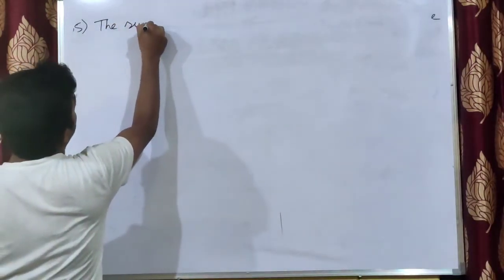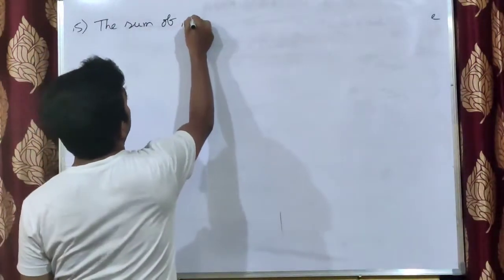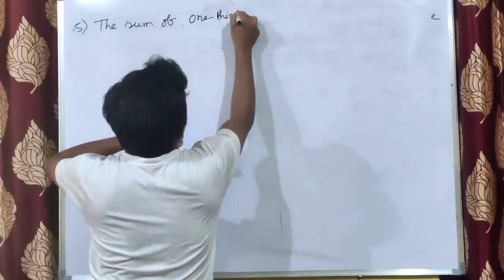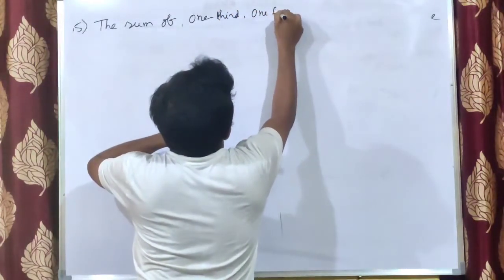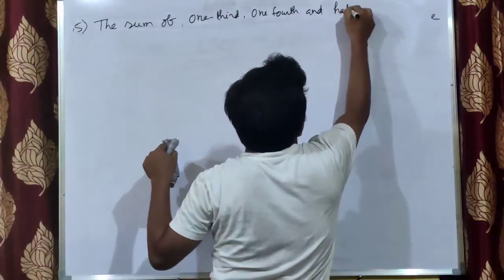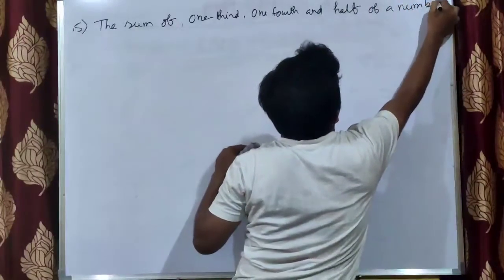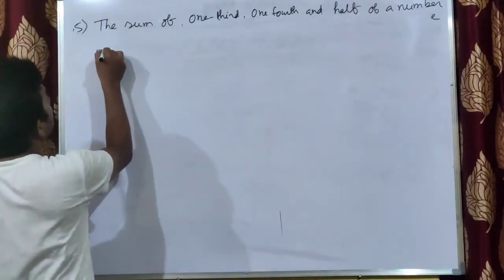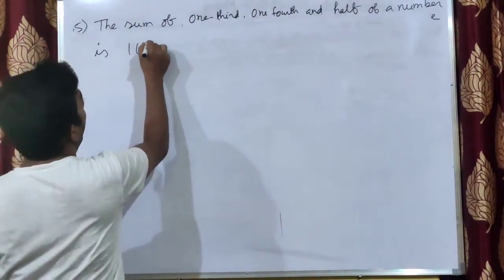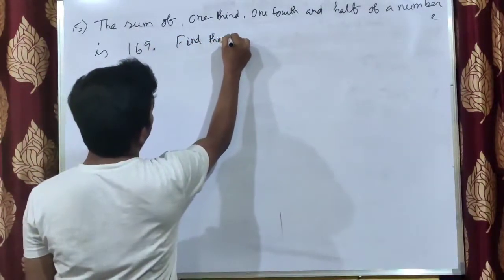The sum of 1/3, 1/4 and half of a number is 169. Then find the number.